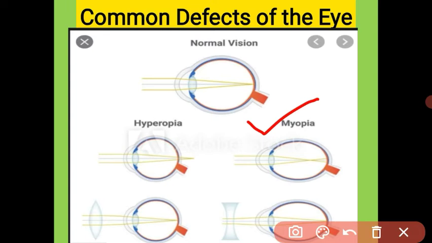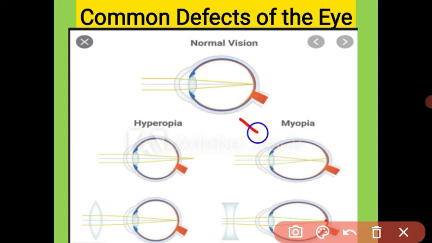The concave lens diverges the rays, and the convex lens converges them on one point, the retina. So the concave lens makes the light rays diverge before they strike the lens of the eye, and the image is formed on the retina.